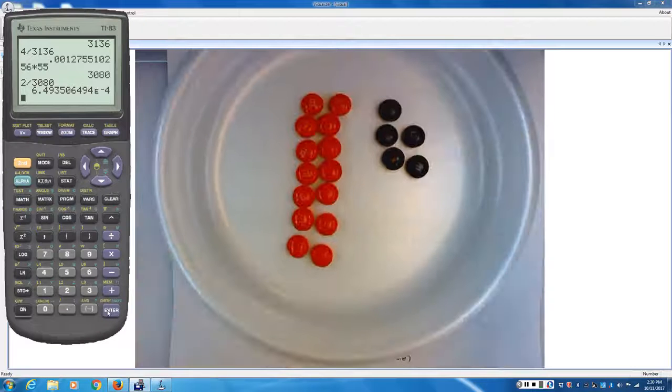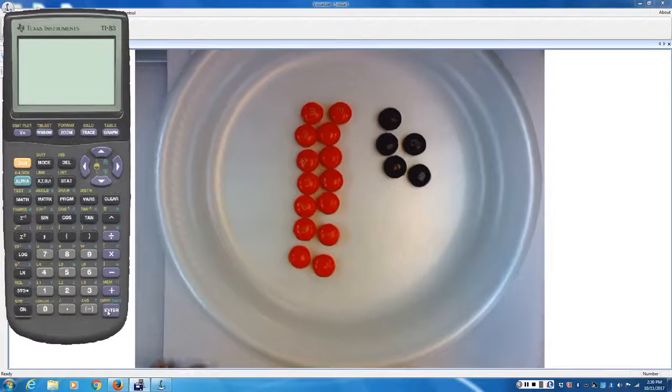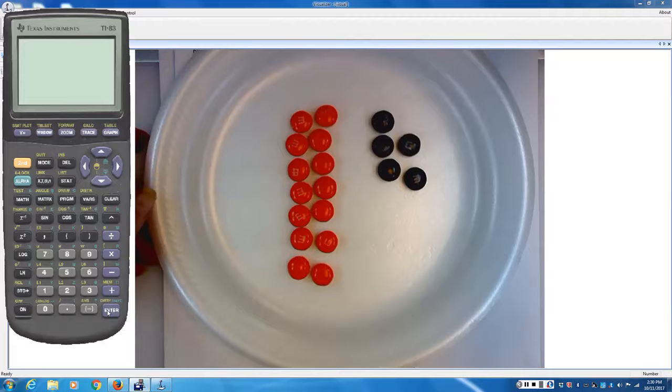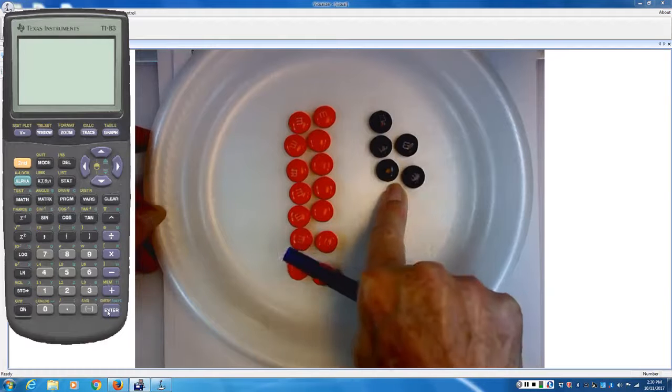So there's my orange ones and my brown ones. Now, I have 14 orange and 5 brown.